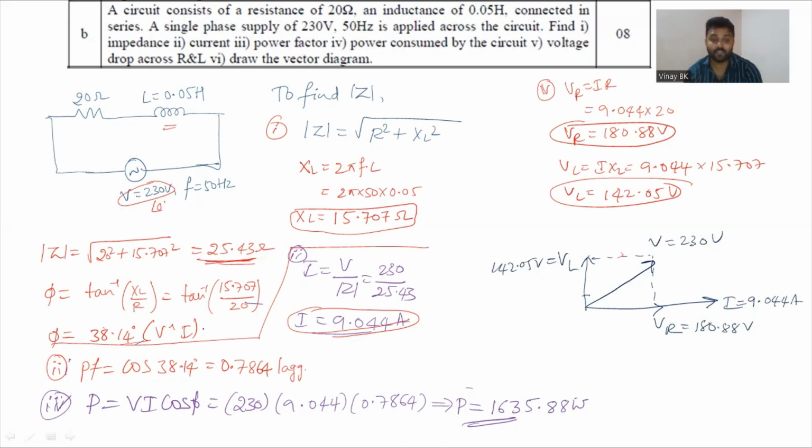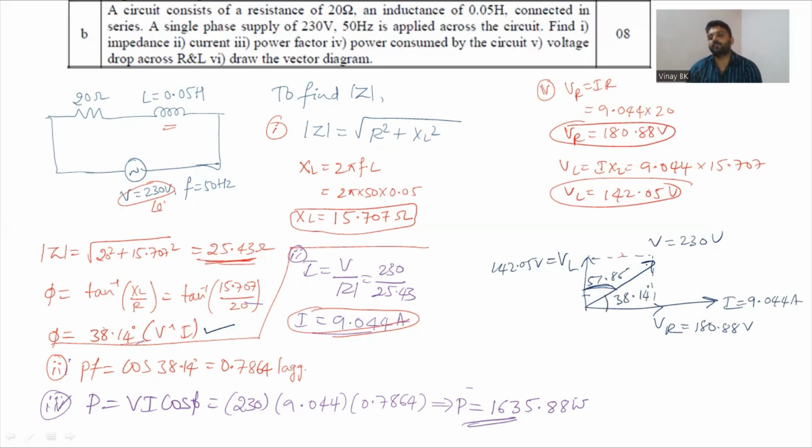That is nothing but phi, 38.14 degrees. And this angle, if you want to get this angle, 90 minus 38.14, you can get 51.86 degrees.